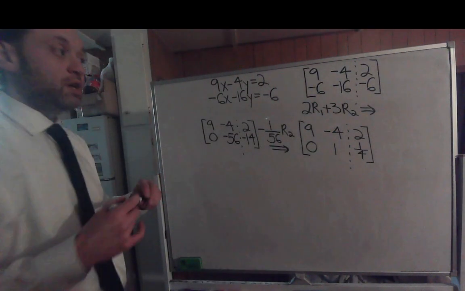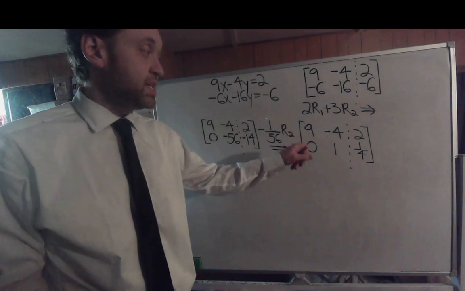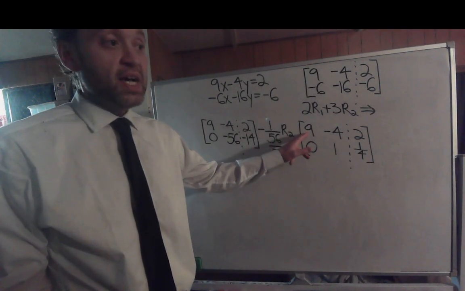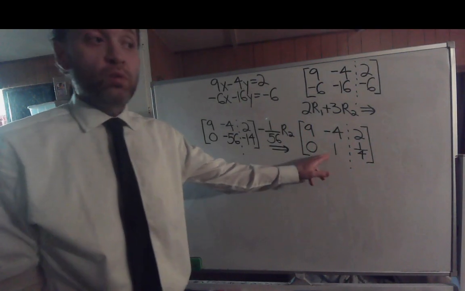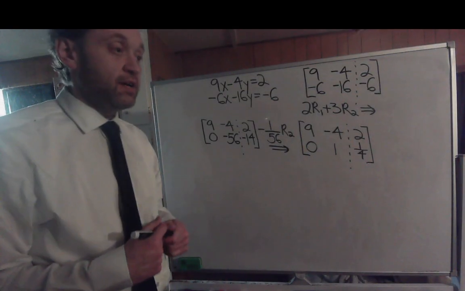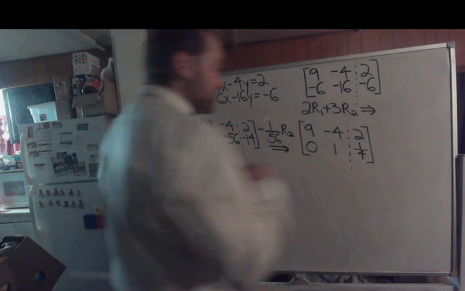Well, guess what? We're still not in row echelon form yet because the first digit in the first row is 9. It has to be 1. It's great that we have a leading 1 in the second row, but that's not enough. So go ahead, take 1/9 of the first row to put it into row echelon form.